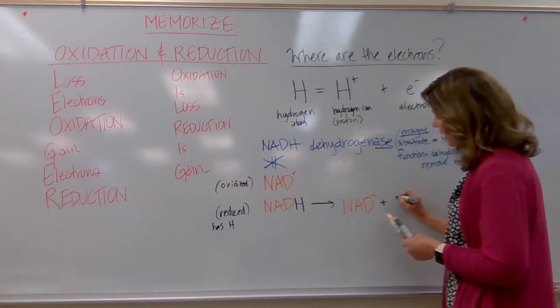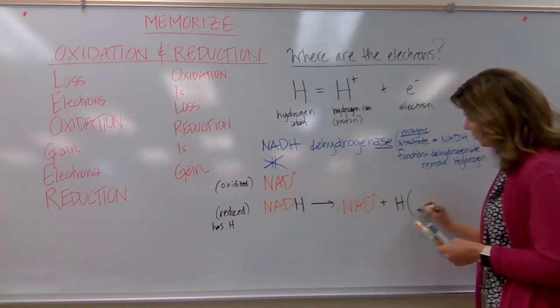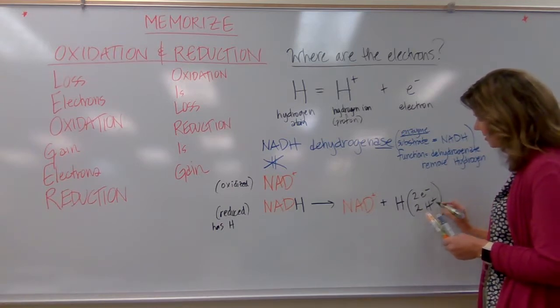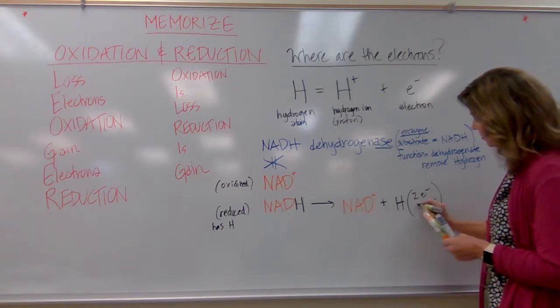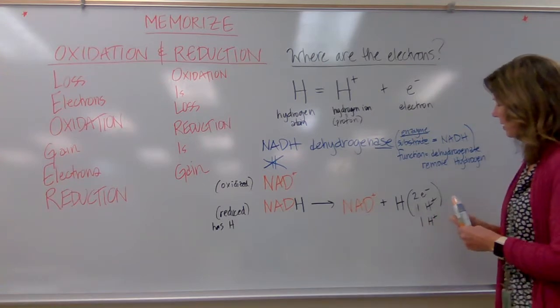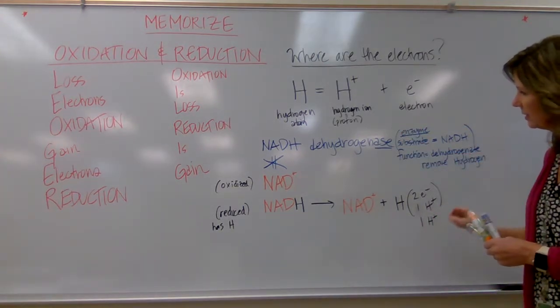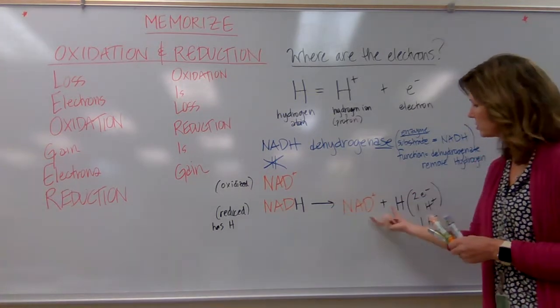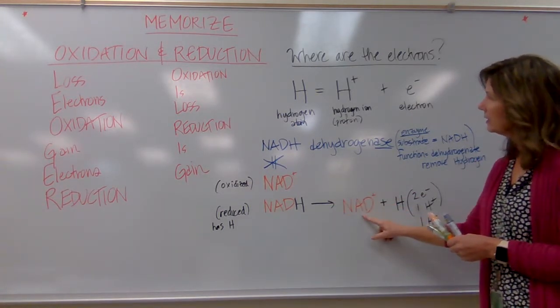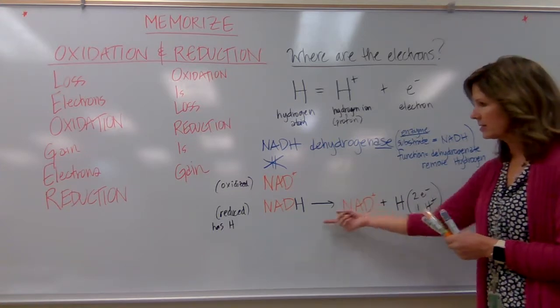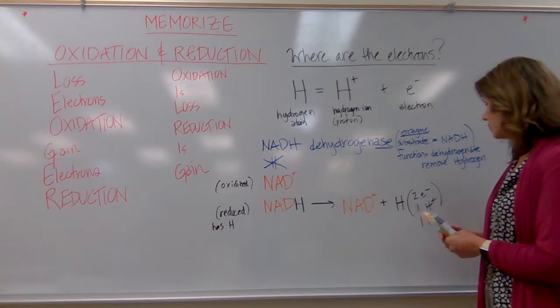Those hydrogens are really going to be 2 electrons and 2 protons, although it's really 1 proton and 1 proton will be in solution. These are what this enzyme is going to be unloading from NADH. It's going to be unloading that H from NADH, and now it has oxidized NADH into NAD.